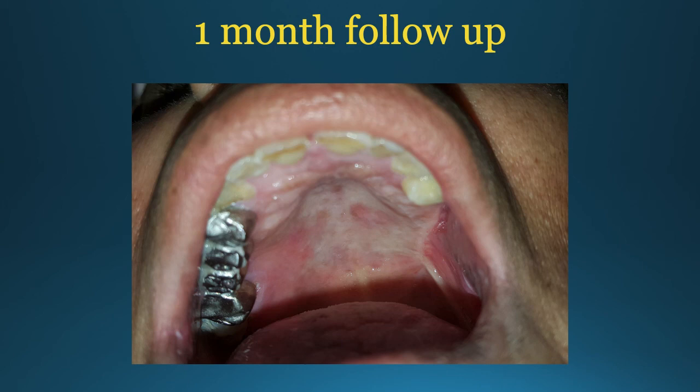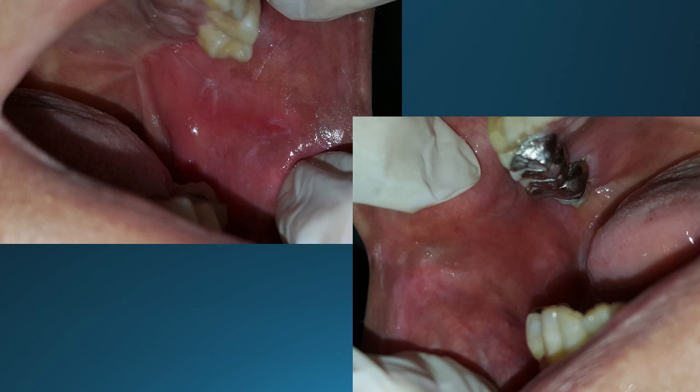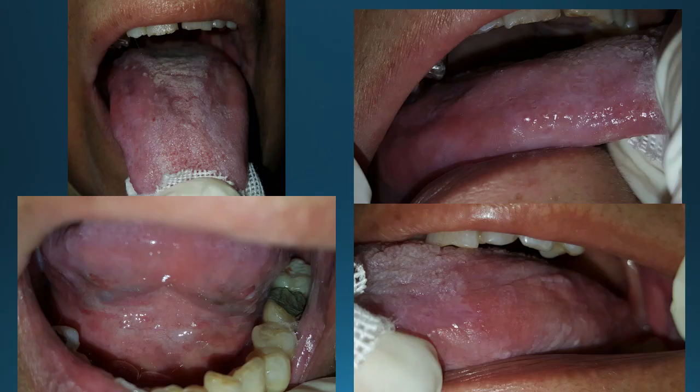Then the patient did the follow-up after 1 month and was referred to an oral oncologist to check if she needs to take radiotherapy or not. For the other lesions in the oral cavity, there is actually a great improvement with Kenacort in Orabase, which we have in this presentation.